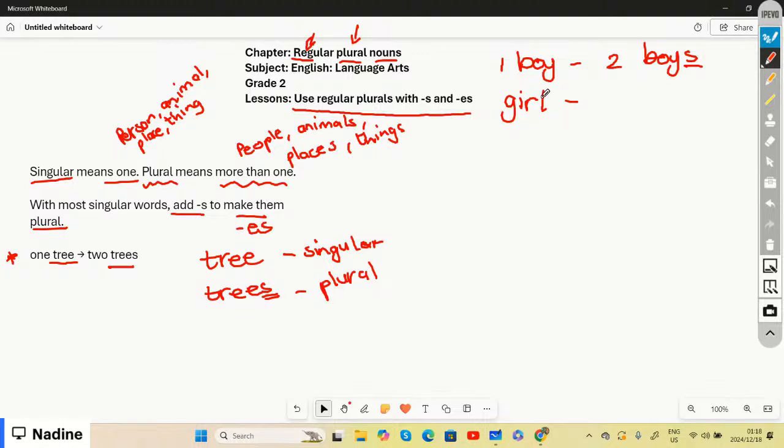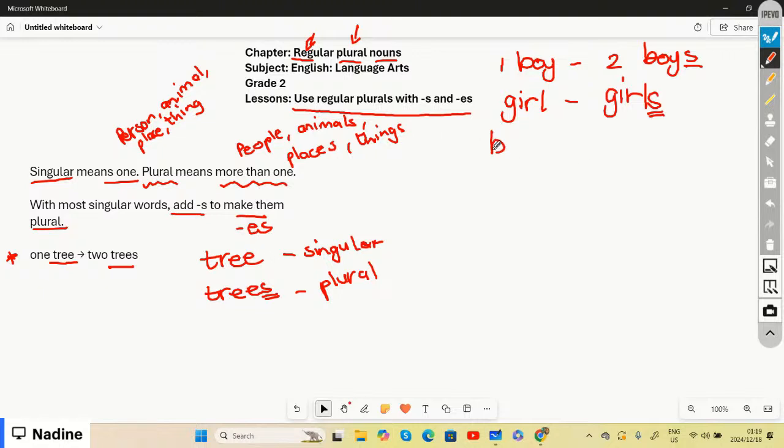If the singular form for girl is one girl, but if we have two, then we can say two girls. That is the plural form of girls. One girl, which is singular, but two or more girls. And there we added an S to make it plural.